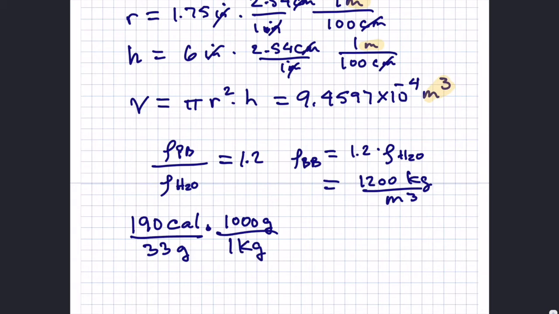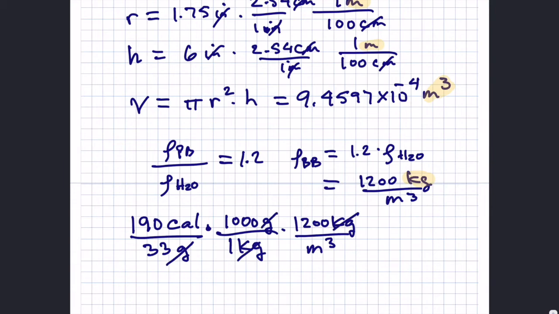At this point, I'm looking at canceling the kilograms, and I look through my list of things that I have. I see kilograms here, so I multiply by 1,200 kilograms per cubic meter. So far everything's looking good.